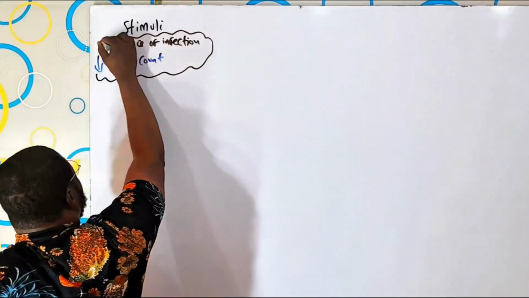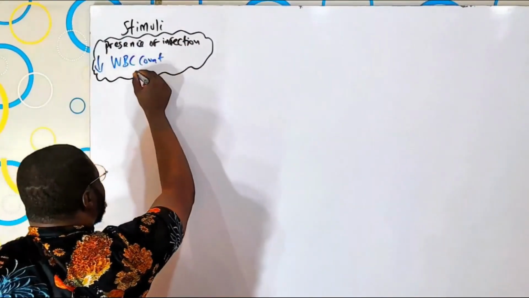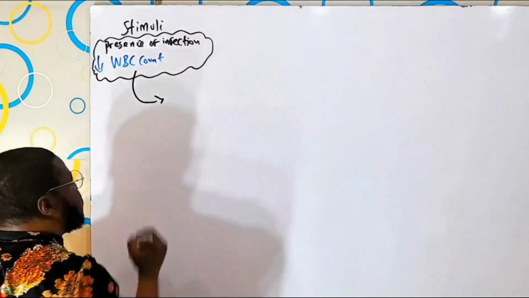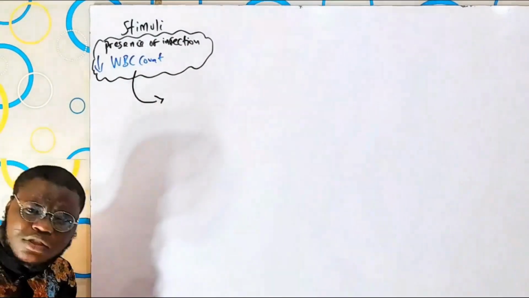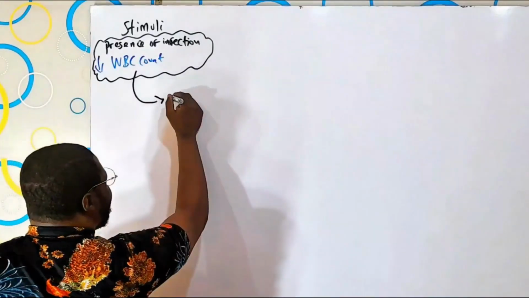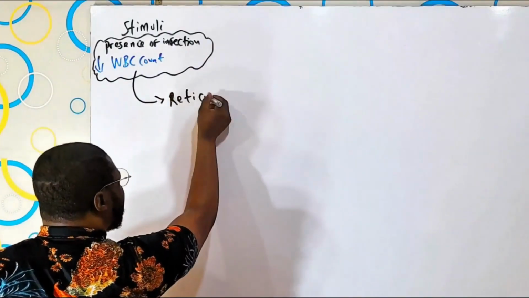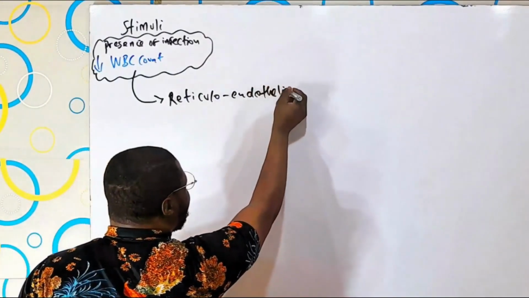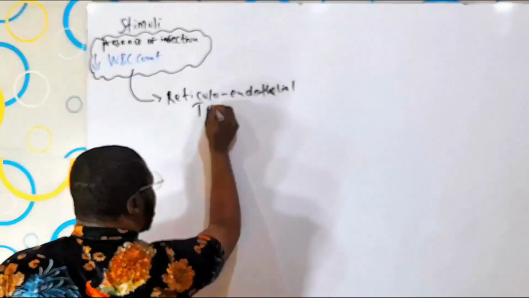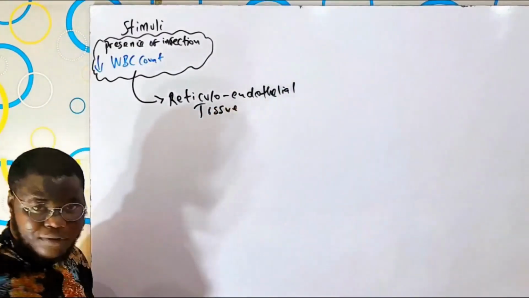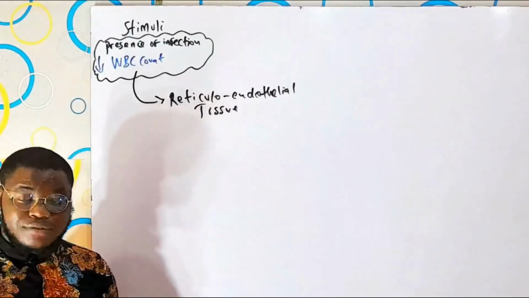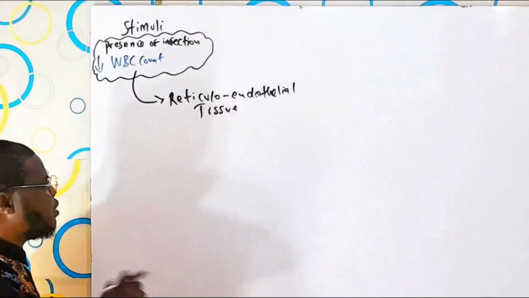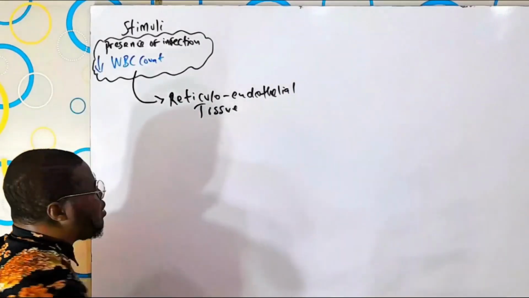All these stimuli, what they are going to cause is that there's going to be the transmission of impulse, some kind of body tissues, but mainly the reticuloendothelial tissue. So an example of that is a lymph node, even display sometimes. So the point is mainly, we'll always depict this with lymph node.